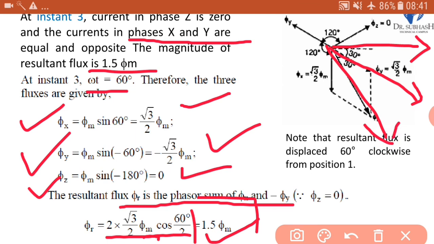So we can observe that the resultant flux is revolving in a clockwise direction. From instant 1 to instant 2 it is 30 degree clockwise, then from instant 2 to instant 3 it is again 30 degree, and from instant 1 to instant 3 it is 60 degree revolving clockwise.